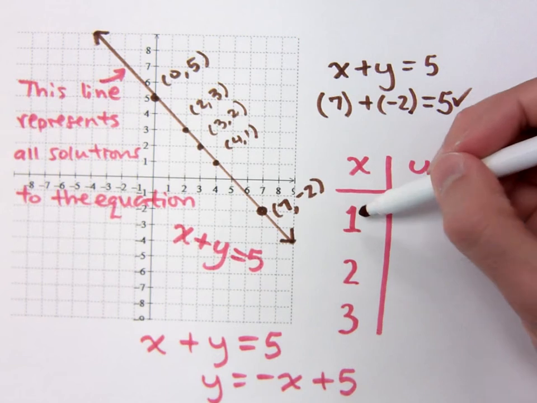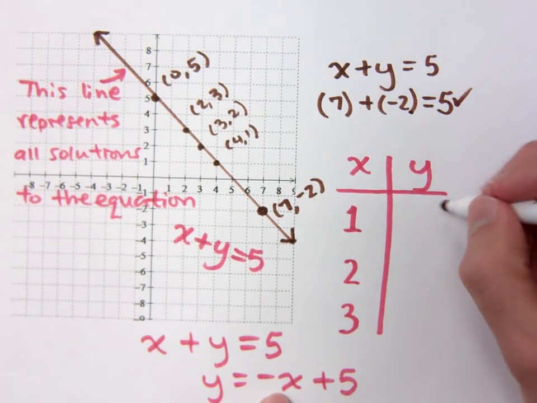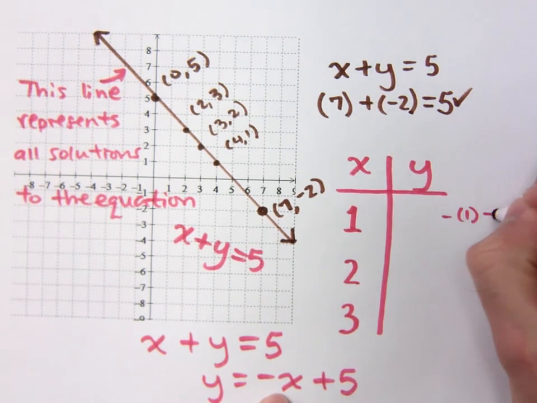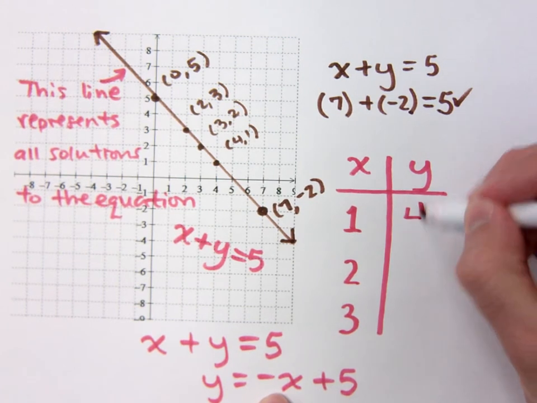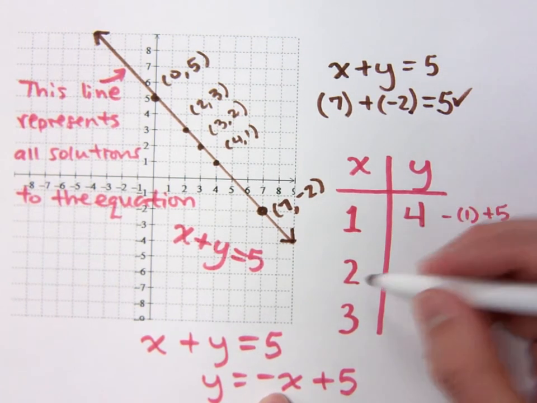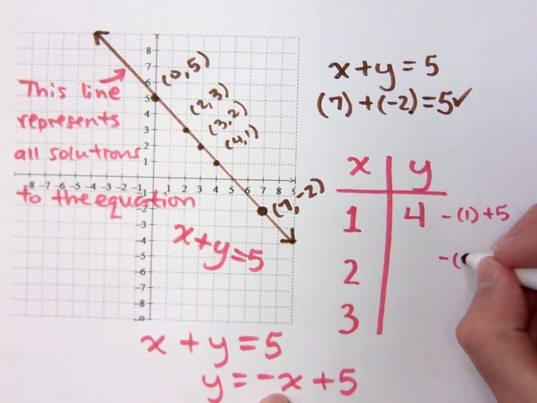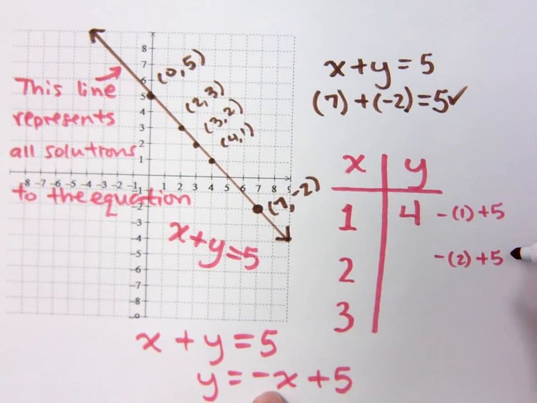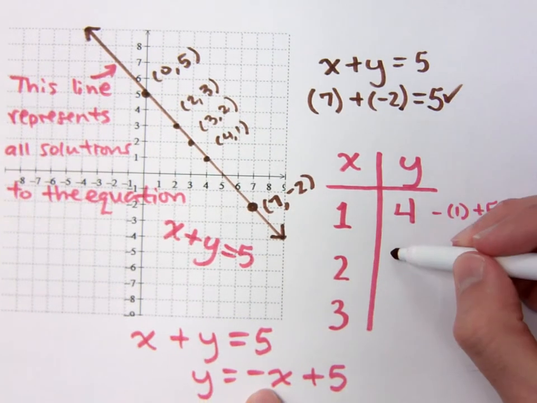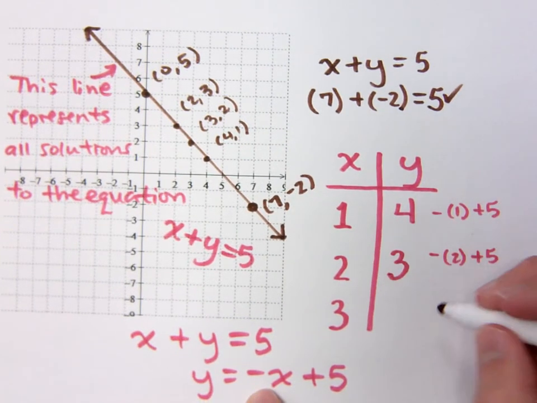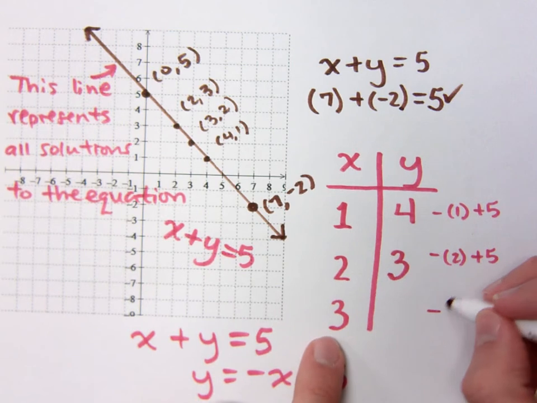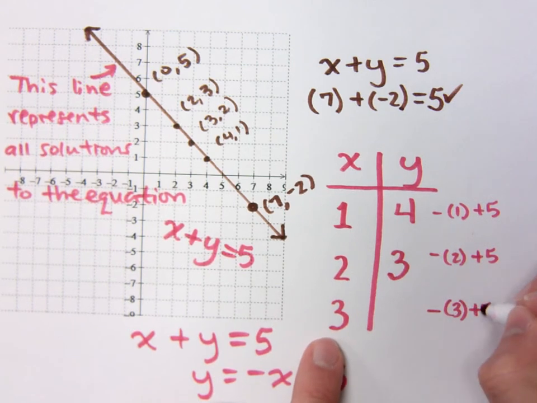If I plug in 1 here, I have negative times 1 plus 5. What is that? That's 4. If I plug in 2, that means negative times 2 plus 5 is what? I'm adding, right? So I get 3. If I plug in 3 here, so that's negative times 3 plus 5, and what does that equal?